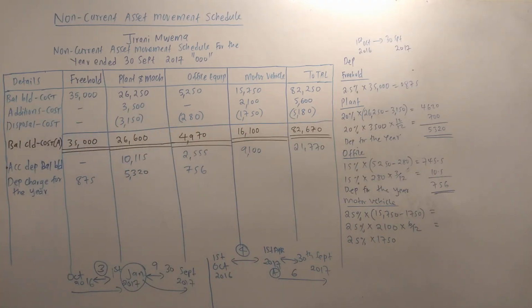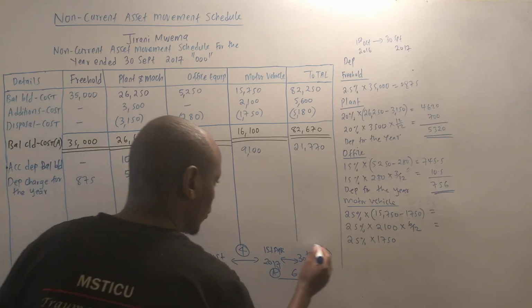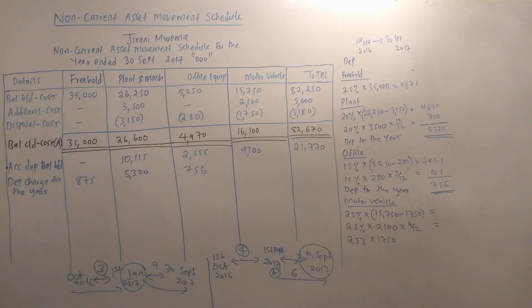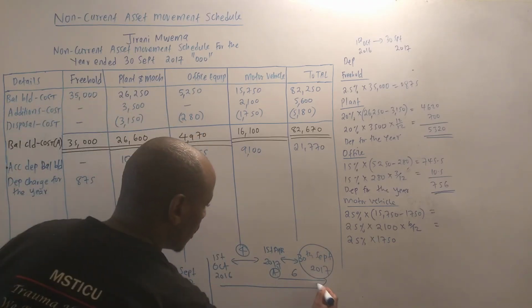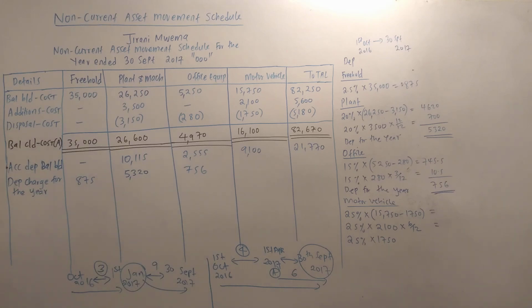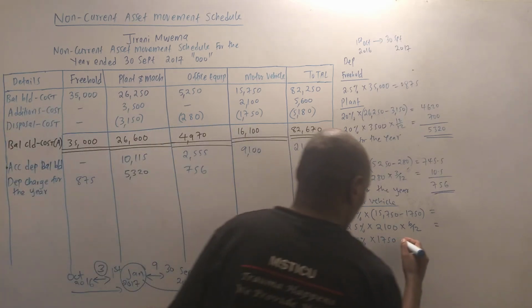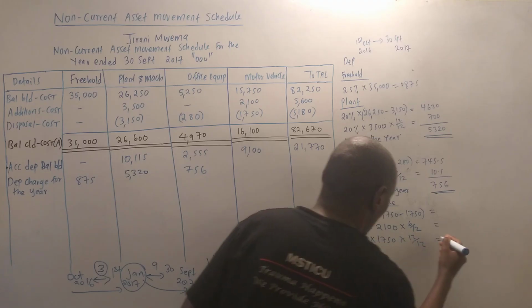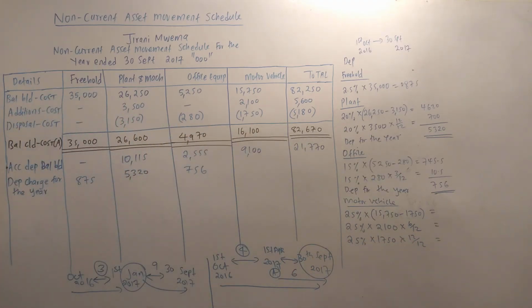But for disposal, they disposed 1750 on 30th September 2017. So they disposed it at the end of the year, meaning it was there throughout the year. So we multiply by 12/12. We sold at the end of the year, meaning it was there from the beginning of the year up to the end.